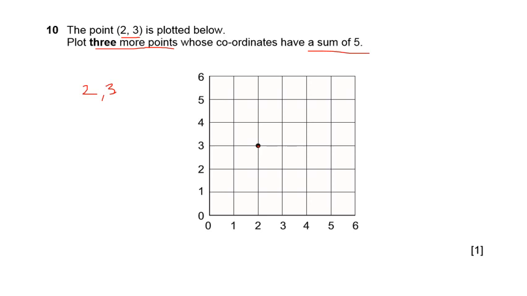The other points are, of course, 3, 2, 4, 1, 1, 4, 5, 0, 0, 5. And here they are on the chart. So, if you have 3 more, put a tick.